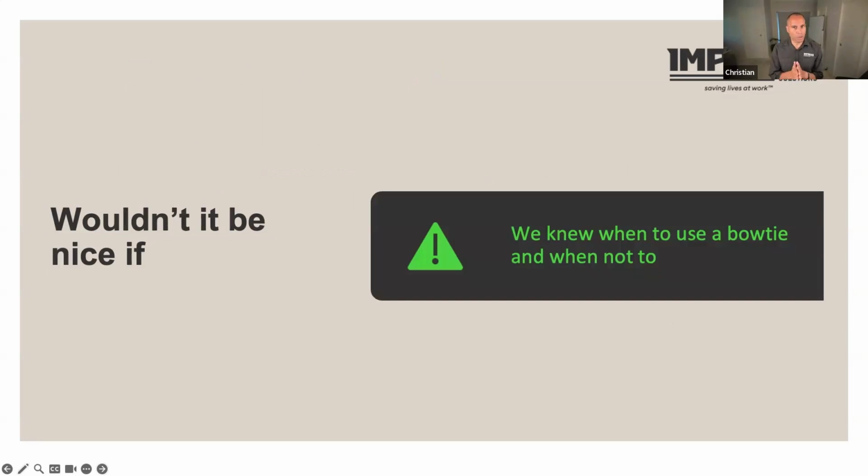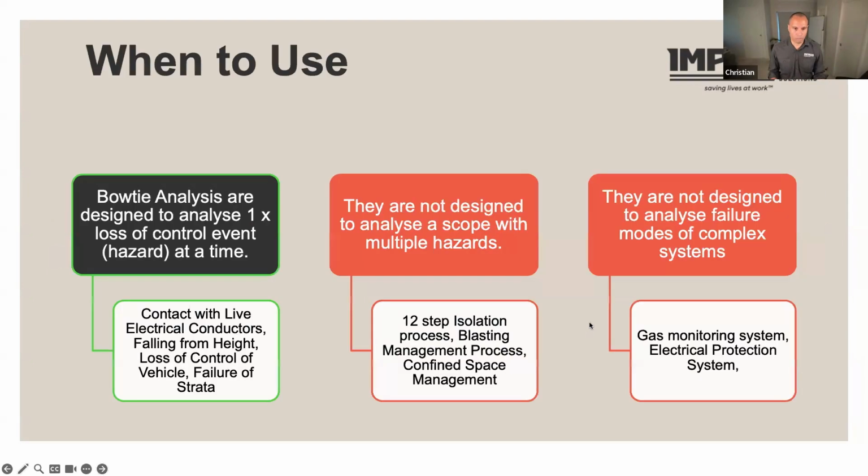Where we want to be is absolute clarity on when we use a bow tie and when we don't, and if we don't use it, then what's the other tool that is applicable for this other point in time.